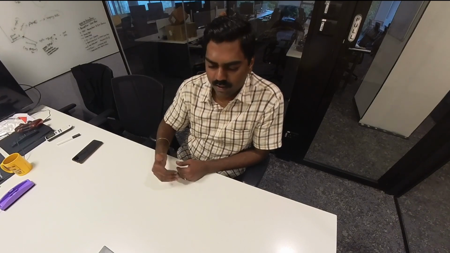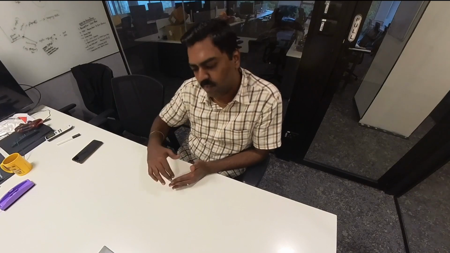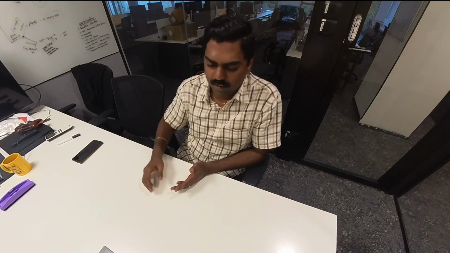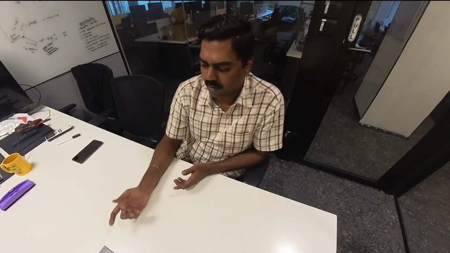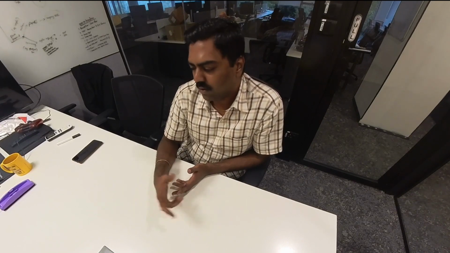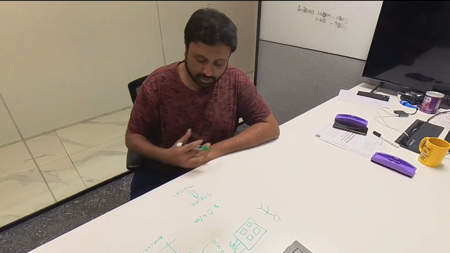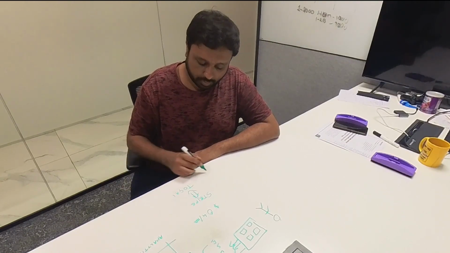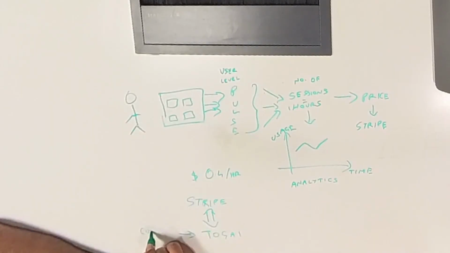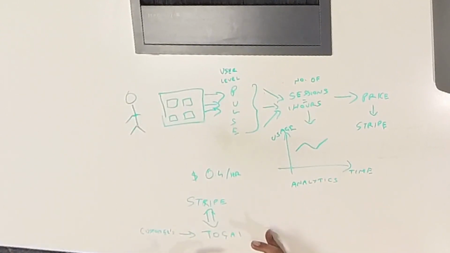So since we have the integration with Stripe, we can directly pull the customer information from Stripe, and the pulse information can flow directly from their system to us. So these are the two inputs that we require on a real-time basis. Yeah, so the customer information will flow from Stripe, the pulse information will flow from the customer's backend to us. Yeah, these things are something that you can solve for.